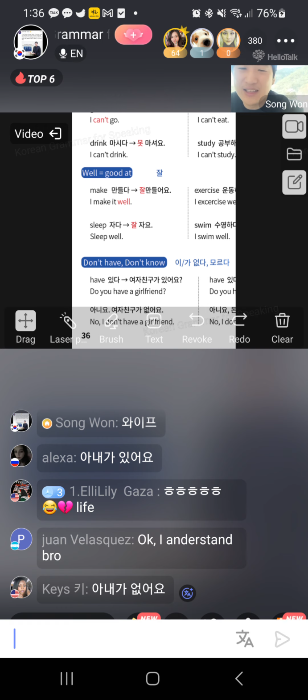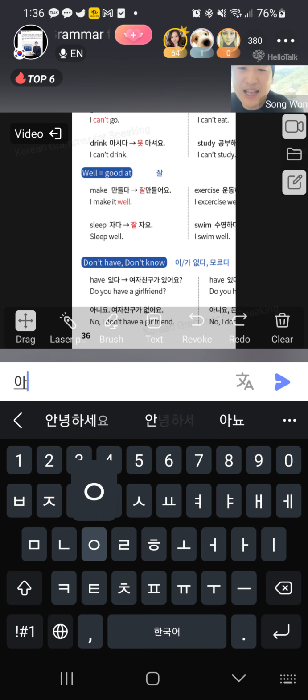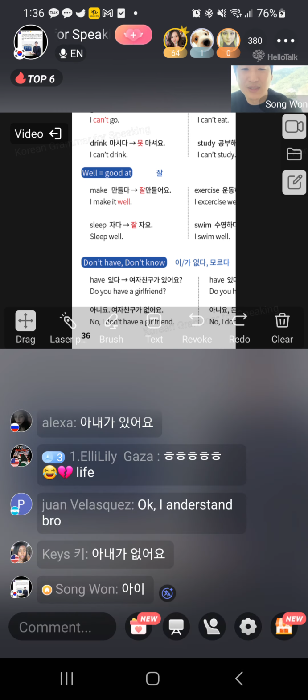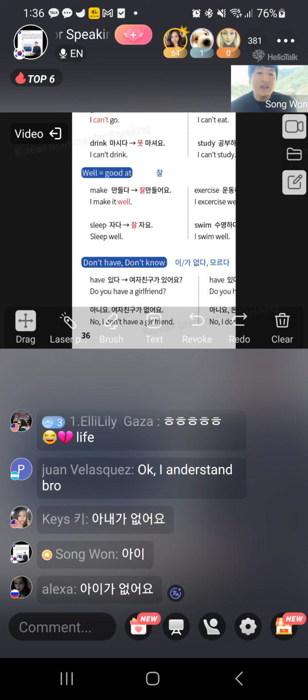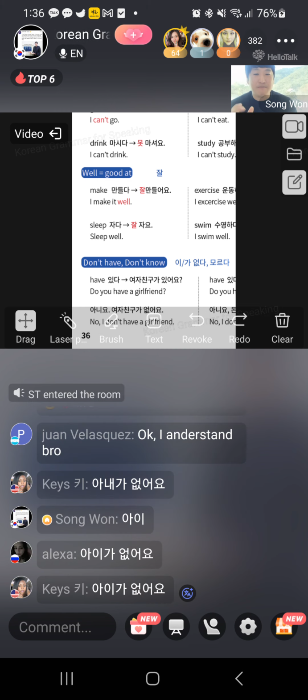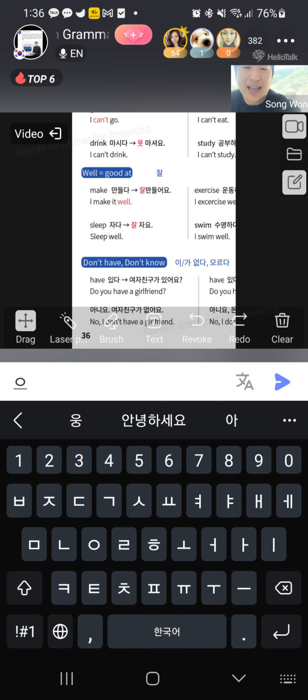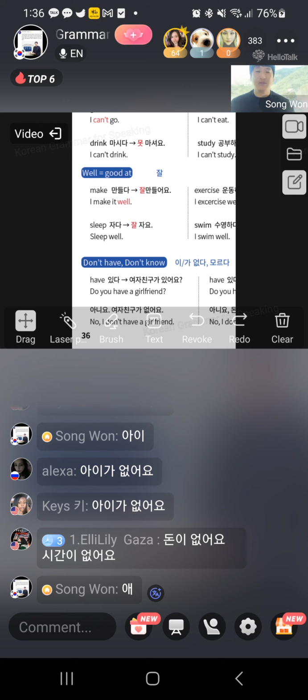Or you can say, I'm married, but I don't have kids. 아이가, because 이 has no bottom letter. 아이가 없어요. Got it? And people usually make things short, right? So they make it short, like 아이 becomes 애. So they usually say 애가 없어요. I don't have kids, right?